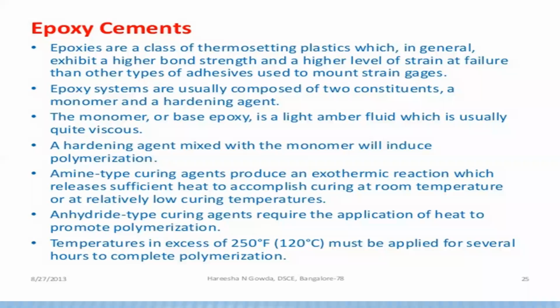So what is epoxy cement? Epoxies are a class of thermosetting plastics. What is the use of epoxy cement, and what material is it? These epoxy cements are thermosetting plastic materials, and in general they exhibit higher bond strength. Why should we use these epoxy cement adhesive materials in the strain gauge?